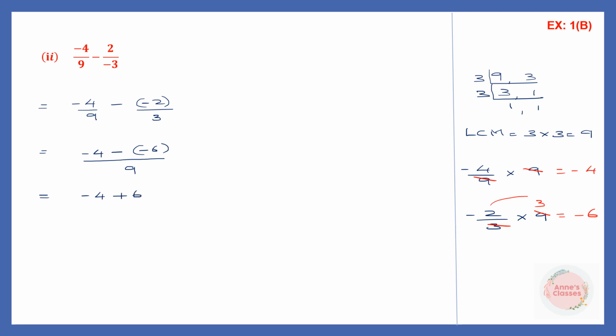When you see minus before a bracket, the sign will change, or you can also say minus into minus is plus. So that's how we got plus 6 here. And the denominator is 9. Minus 4 plus 6, the signs are different. So we use the sign of the bigger number, which is plus, and we subtract. 6 minus 4 is 2 and the denominator is 9. So our answer to this question is 2 by 9.